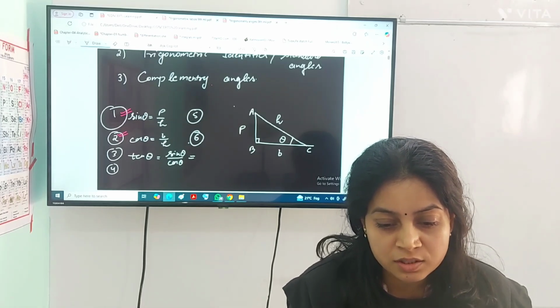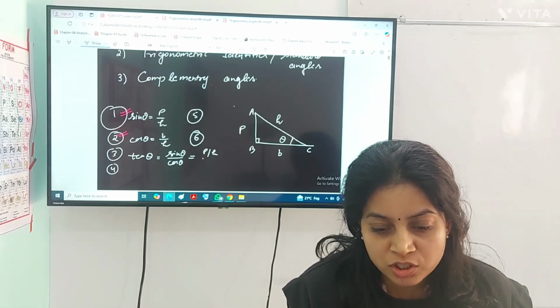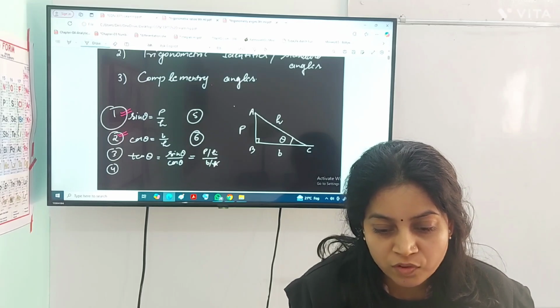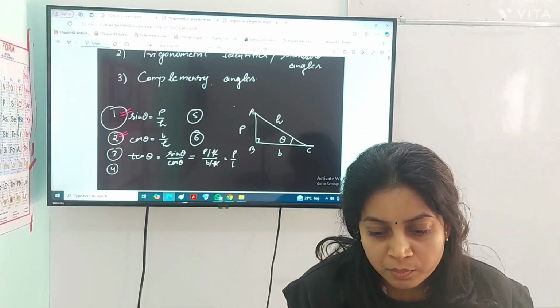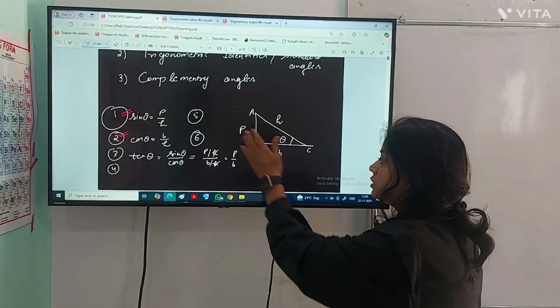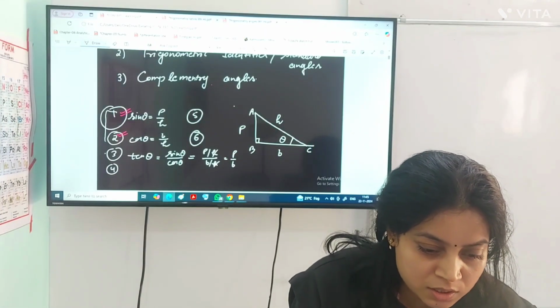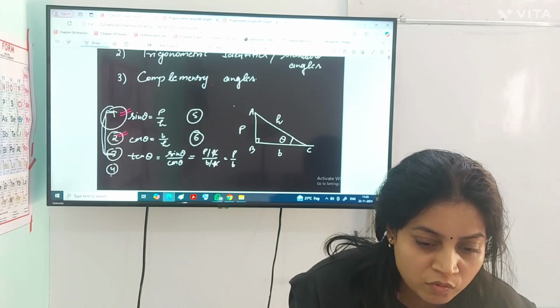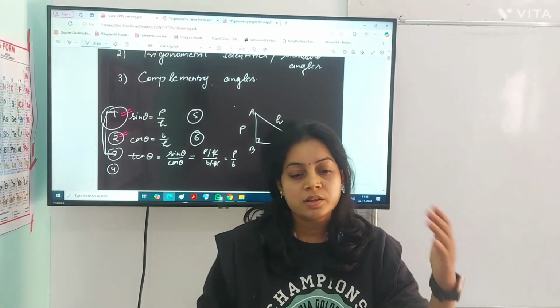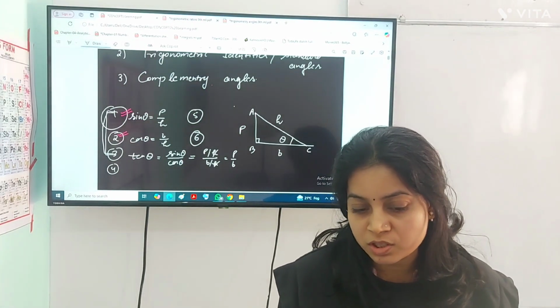If you will divide these things, that means P by H divided by B by H, you will find it like P by B. P by B means perpendicular to base ratio, right? Then these three are important, and after that 4th, 5th and 6th will be the reciprocal of the first three.